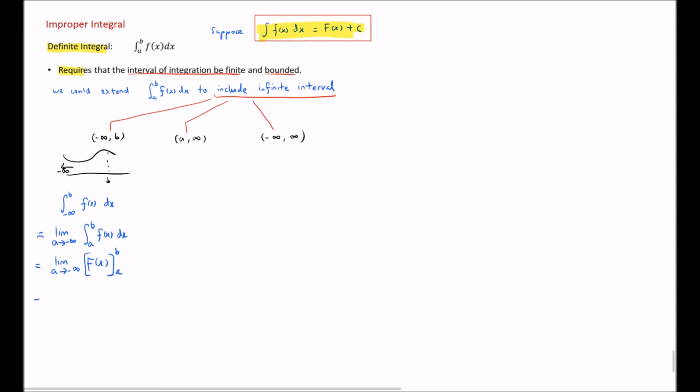So now it equals the upper limit minus the lower limit, the upper endpoint minus the lower endpoint.